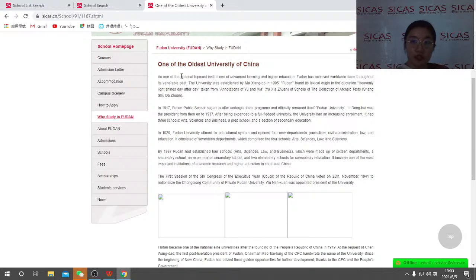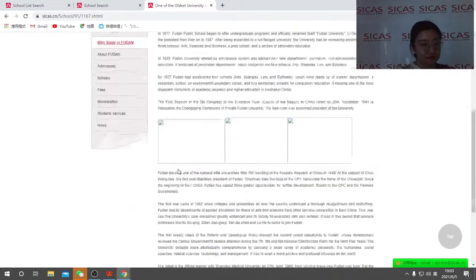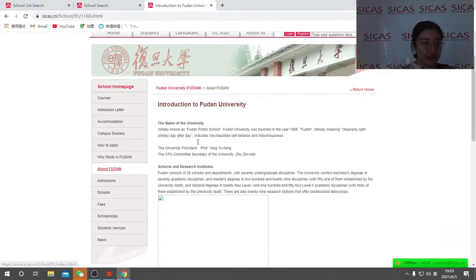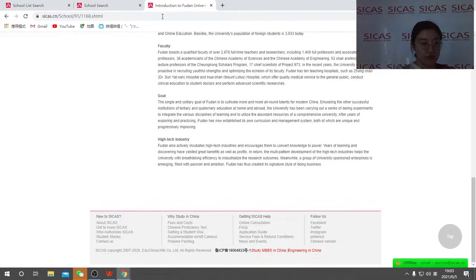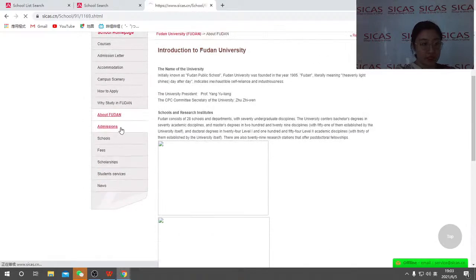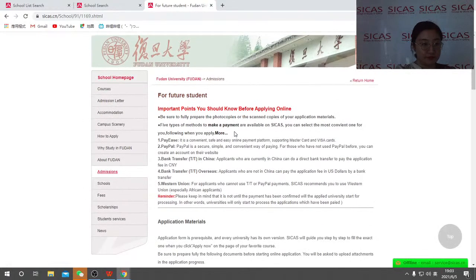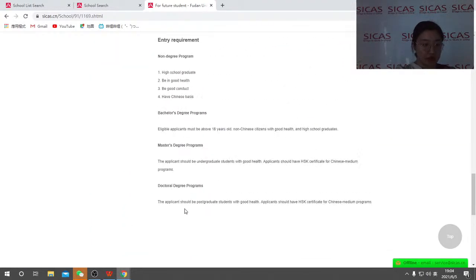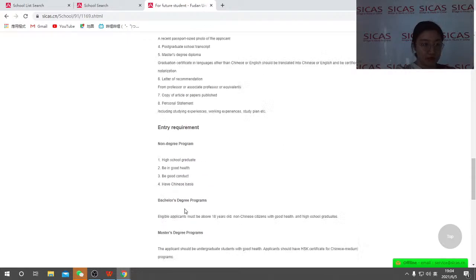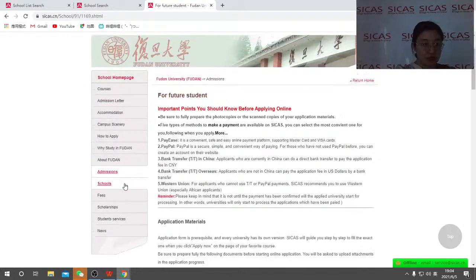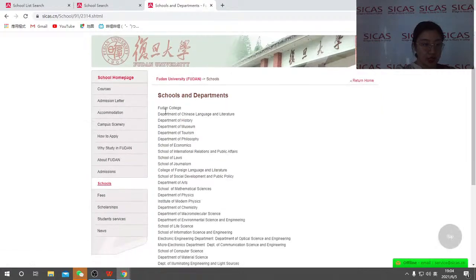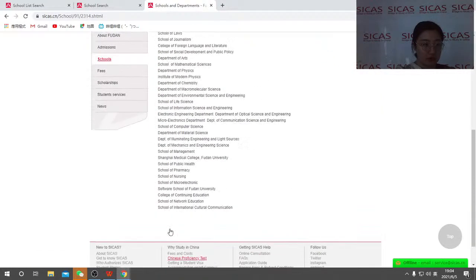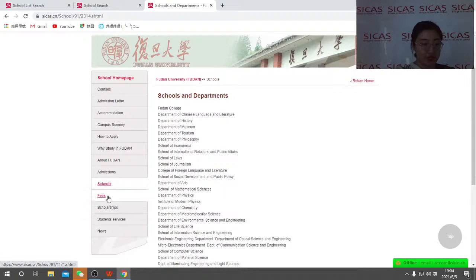and then you look at why study at Fudan, and some introduction overview about Fudan University, admission pages for different degrees and the entry requirements, and the departments or schools that Fudan provides.